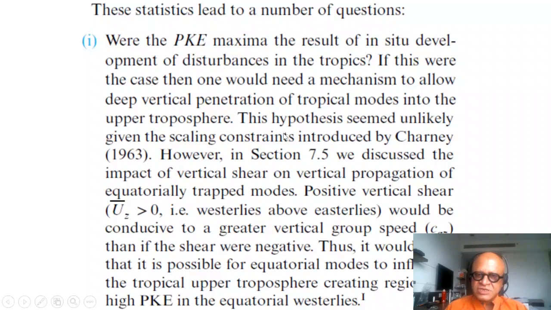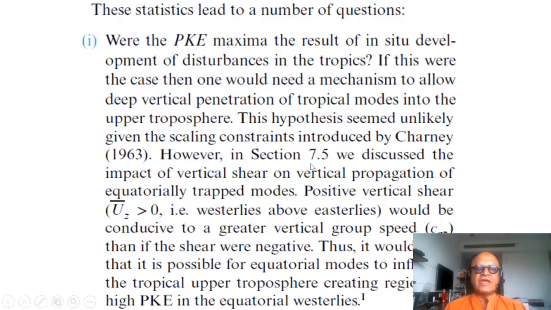This hypothesis seemed unlikely given the scaling constraints introduced by Charney, where we remember he said if the scale of the tropical circulation is 10 to the 6 meters, then the system tends to be barotropic and there is no real coupling between the lower level and the upper level.